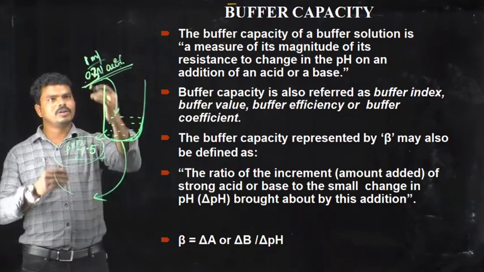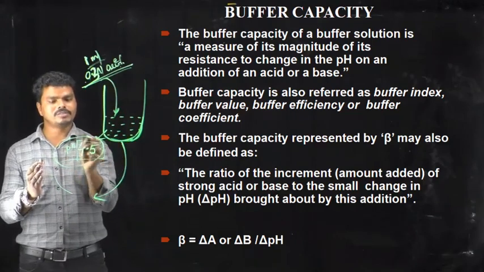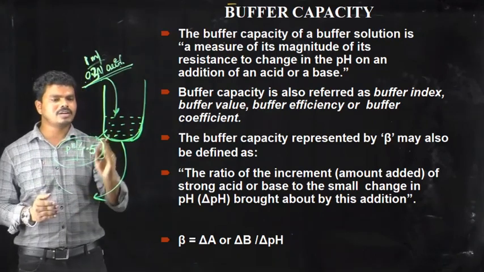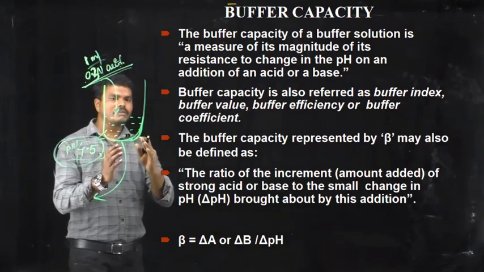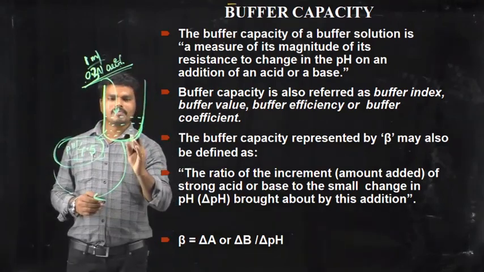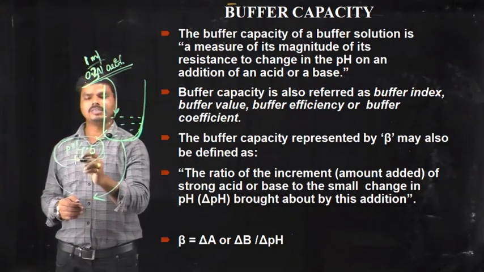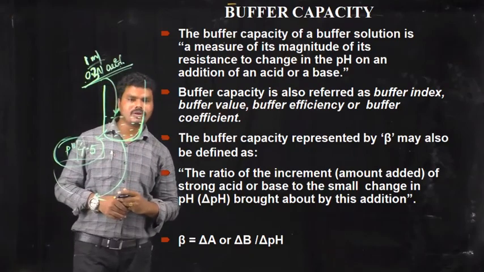At a particular stage it will change the pH. How long the buffer can withstand the same pH is considered the buffer capacity. Understood? The magnitude of resistance of the buffer against the change in pH when you add acid or base is the buffer capacity.